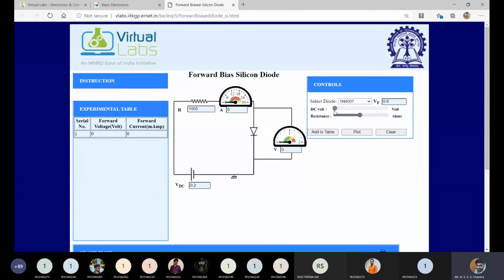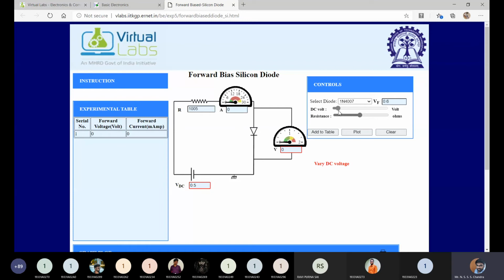Now I'll be increasing the voltage. I now kept VDC as 0.4 volts. I'm not going to change the resistance. Now I'll again add to the table. I varied the DC voltage, and it is changing like this.